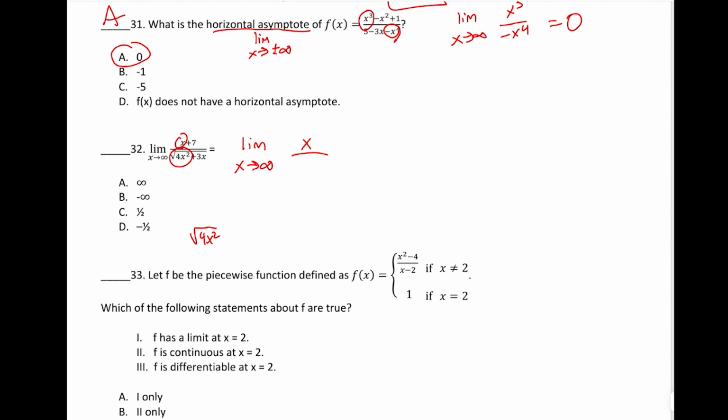But the square root of a square is actually the absolute value. So this is actually the absolute value of 2x, which means that if x is going to infinity, this is going to go to 1/2. But if x was going to negative infinity, because of that absolute value, this would go to negative 1/2. Oops, I didn't write the negative for some reason.